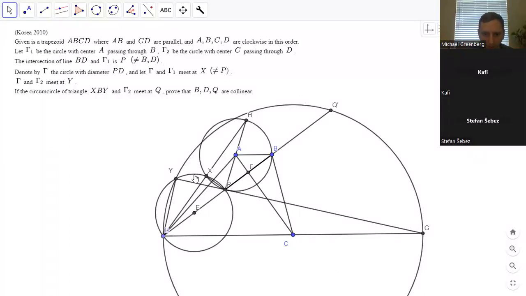And Q prime YX is Q prime YG minus XYP. And that would be PDG minus XDP.